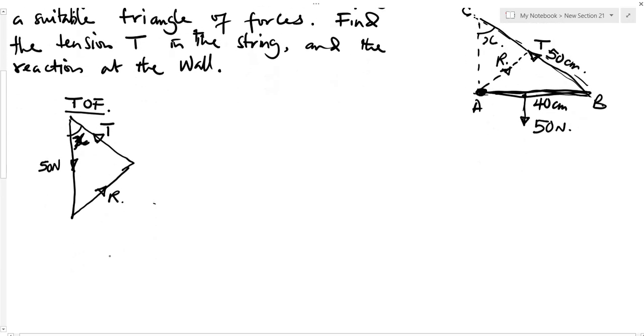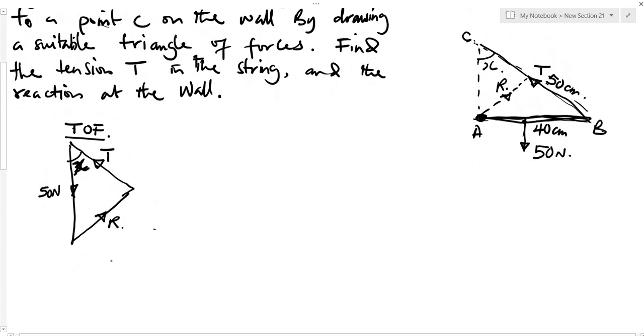And you know that using Pythagoras theorem, we know that AC square plus AB square is equal to BC square.